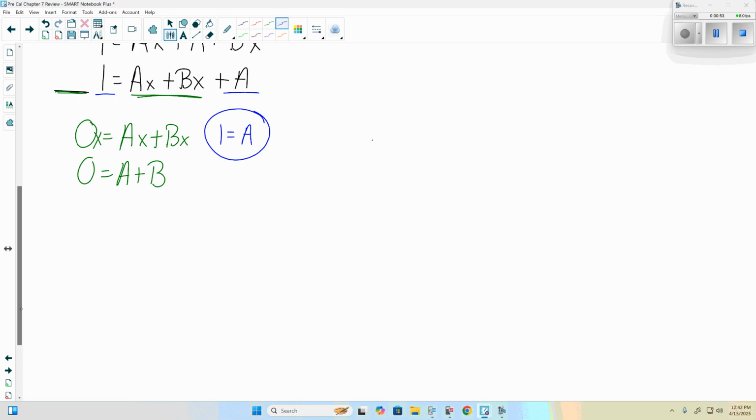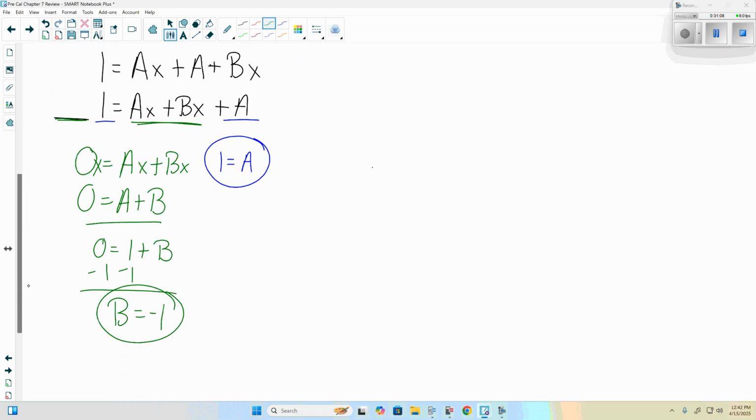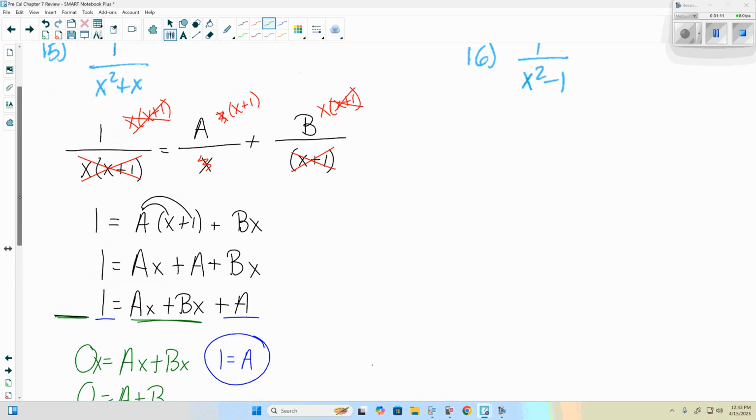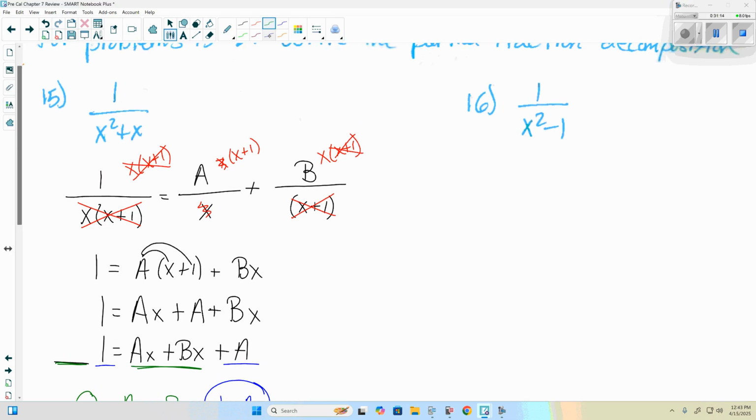And we can use it in the previous one here, because it's really also telling us that 0 is equal to 1 plus B, or the fact that B is -1. And we can use those two facts to come back up and say that this here is equal to 1 over x plus -1 over x plus 1. We go back in and fill in the values of A, B, any of these letters that we had.